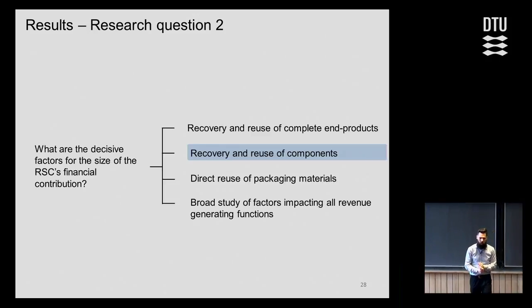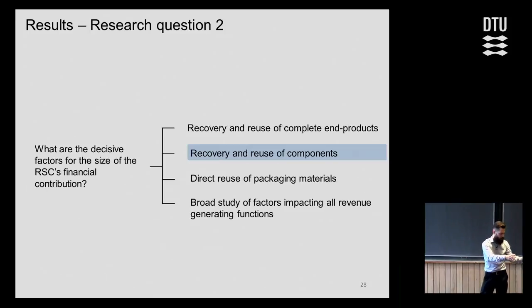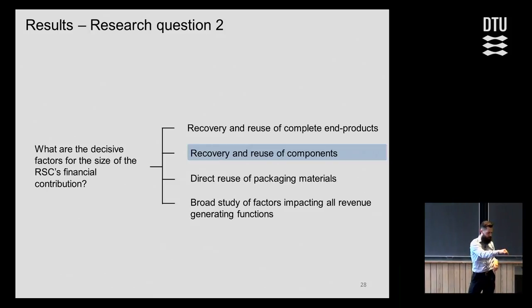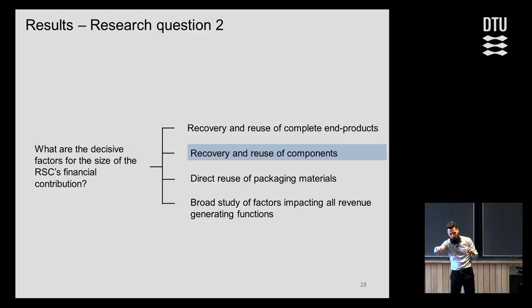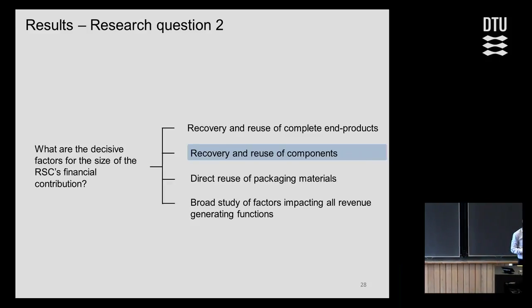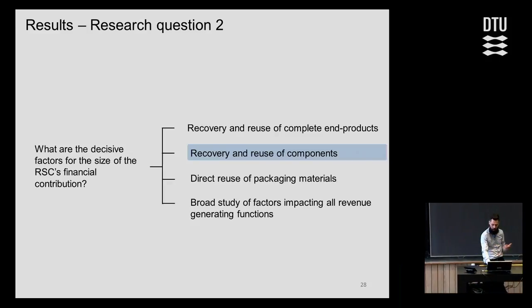They have a situation where they have sold a product to a customer, and then the customer finds out that there's something defective with that particular component. Then they take back the product, repair it, and then they use the recovered component to insert it into that product in the repair process. Then they save the cost of an equivalent virgin item.